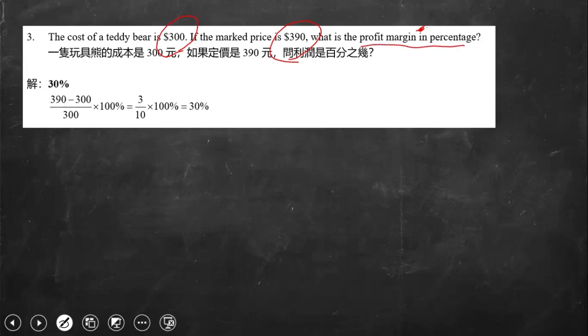Okay. So what we have to do is subtract the cost of the teddy bear from the mark price and divide it by the original price. So 390 minus 300 is 90, over 300.